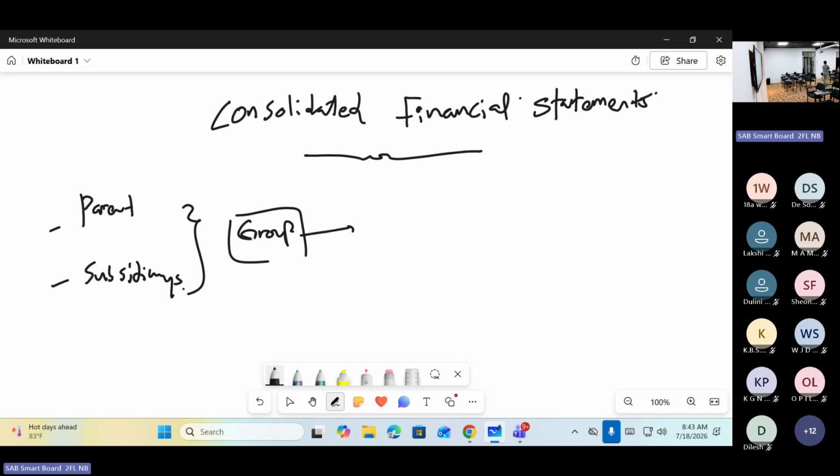As an accountant, you are supposed to make adjustments for pre-acquisition transactions, those that were not adjusted to the financials.